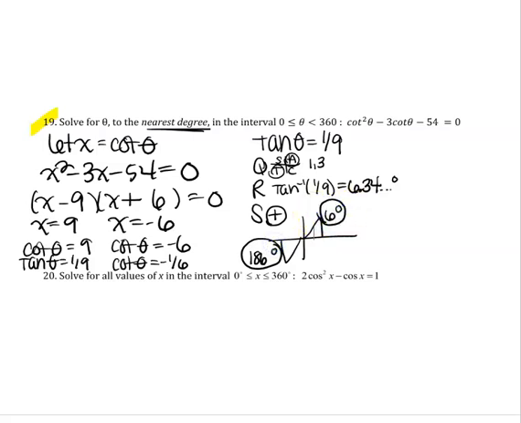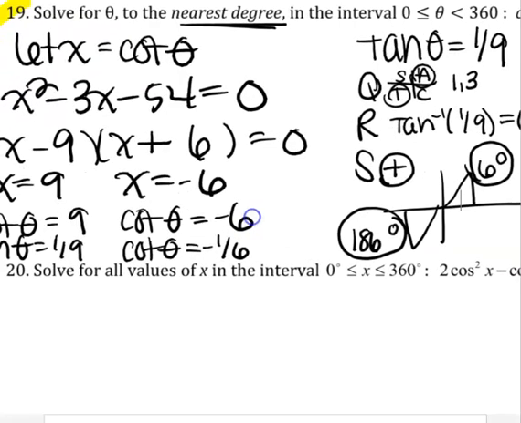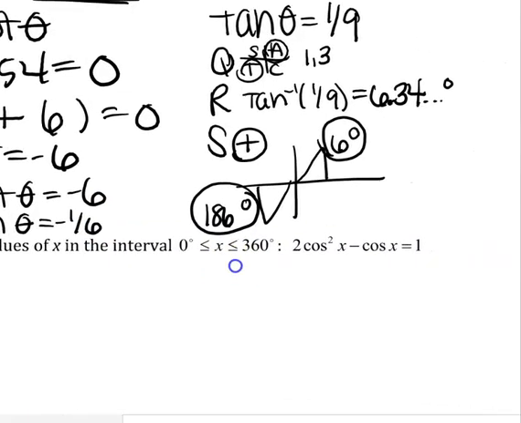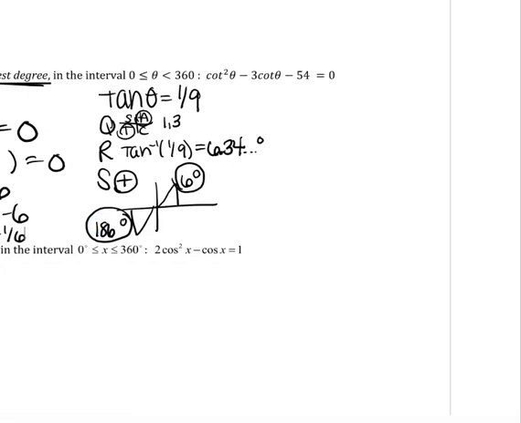Okay? So now we've got to do the same thing for, oops, you know what I just realized? I'm sure you noticed this if you're watching this video. I wrote cotangent here. This is supposed to say tangent. Right? Because I flipped it. Okay. So now I have to come over here and do tangent of theta equals negative 1/6. Okay.